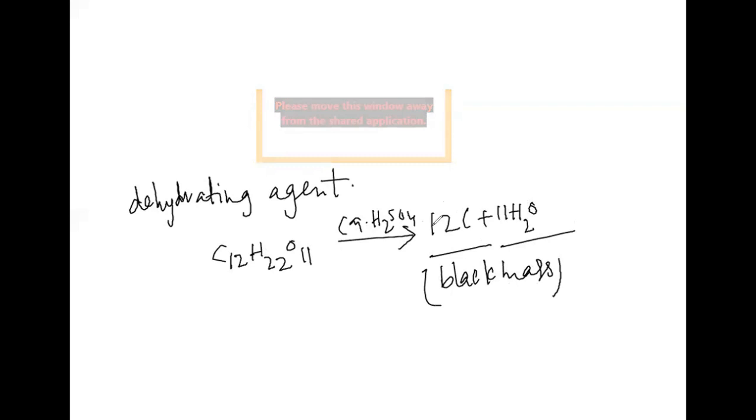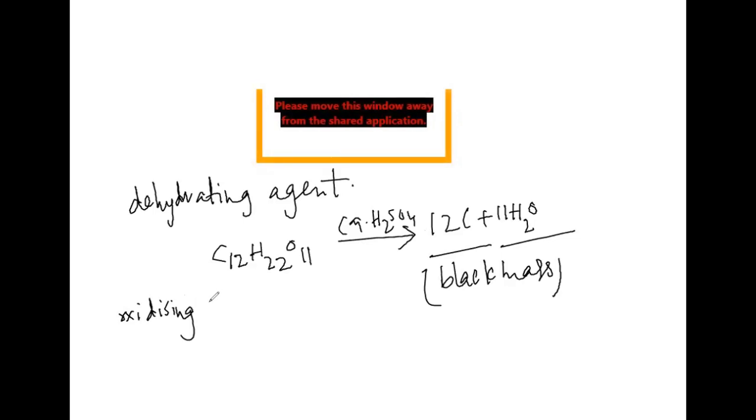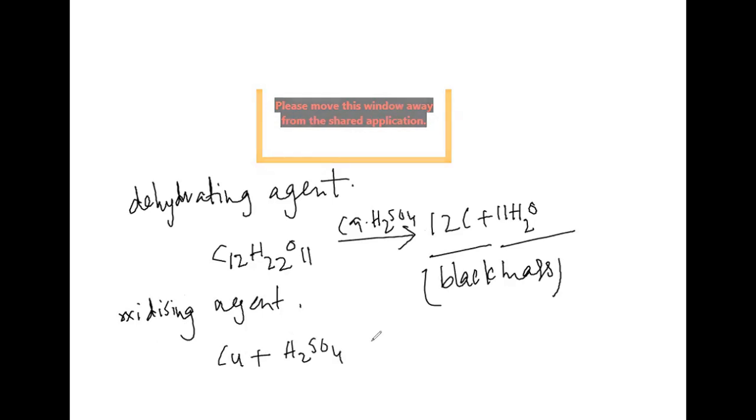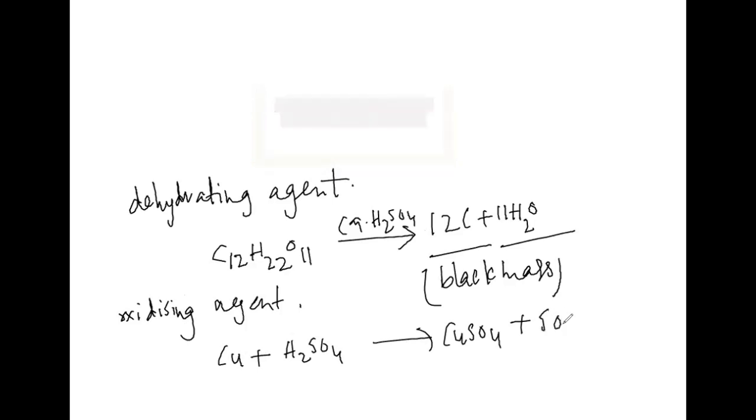One more important property of this is that it is a moderately strong oxidizing agent, whereas ozone is a powerful strong oxidizing agent. Because of that, Cu, when it reacts with H2SO4, gives CuSO4 plus SO2 plus H2O.